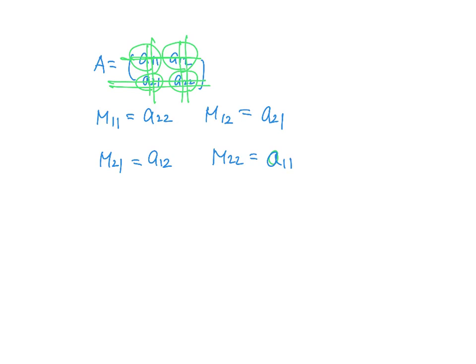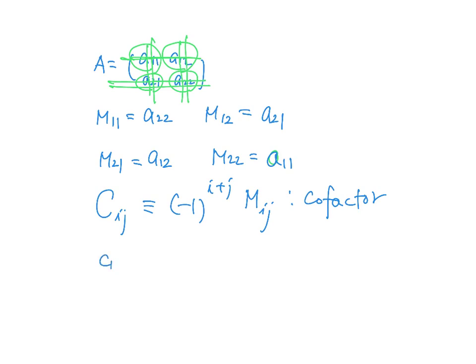And you define the cofactor, Cij. This is called the cofactor. C11 is minus 1 to the 1 plus 1, M11. What is minus 1 to the 1 plus 1? It's plus 1, right?